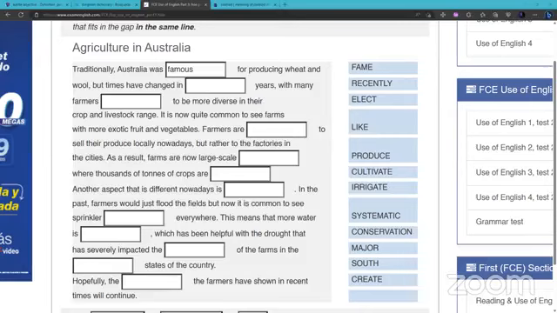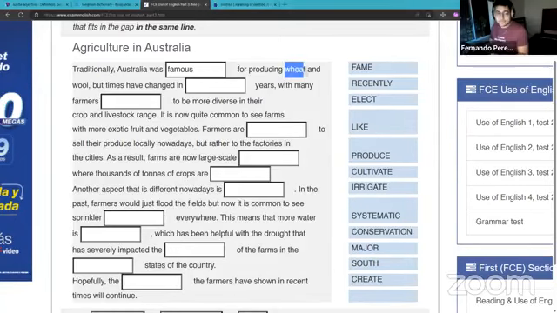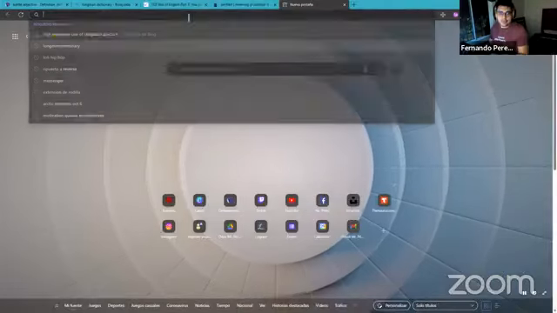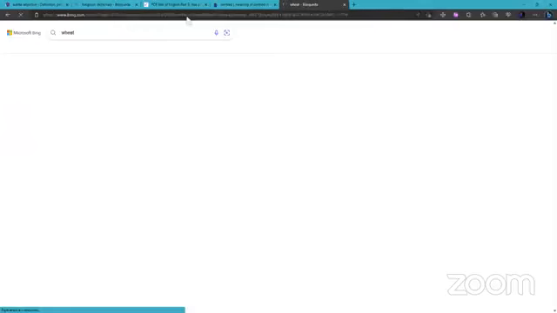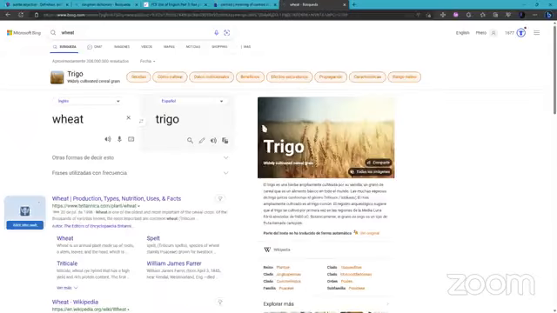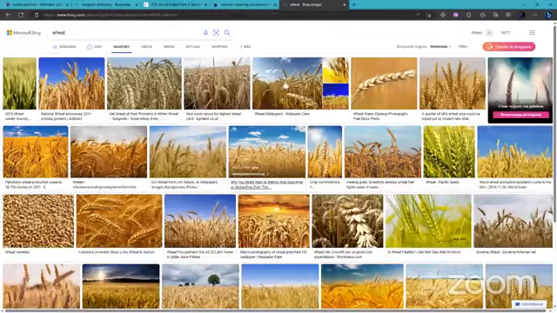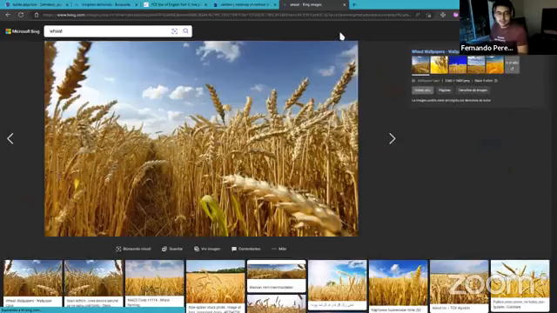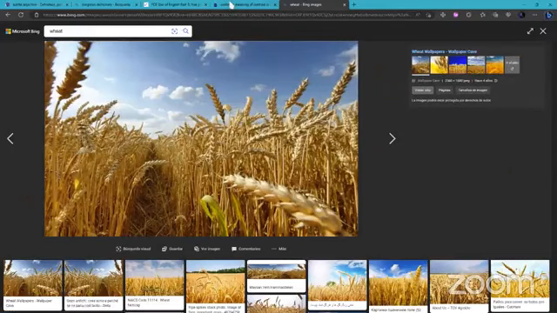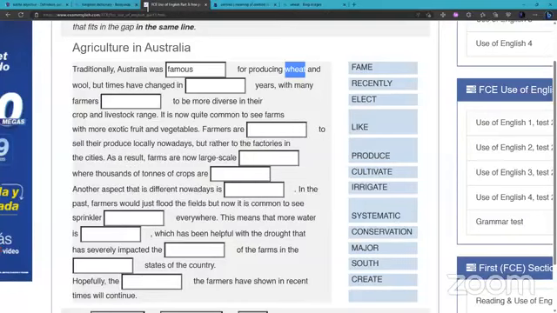Traditionally, Australia was famous for producing... how do you say? What is that word? Wheat? How do you pronounce? Oh, wait. You are correct. The pronunciation is right. And I'm going to show you a picture. I think that these are fruit or something. Ah, yes, exactly. It's the thing we use to make bread. Wheat and wool. Oh, what is wool?